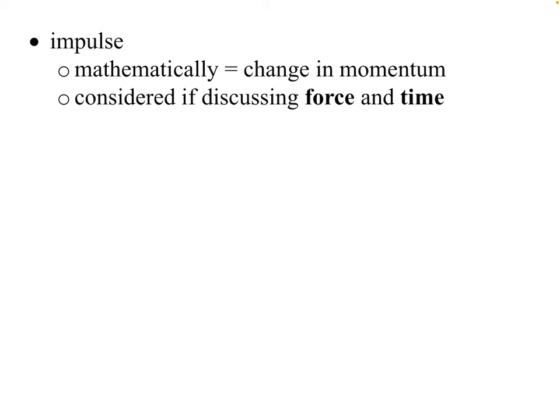Okay? So, again, it's really important that you note that mathematically, impulse is the same as change in momentum. They're the same number. So if you have a 1 kilogram object going from 10 meters per second to 0 meters per second, that is a momentum of 10 kilogram meters per second. So your impulse will also be 10 kilogram meters per second.